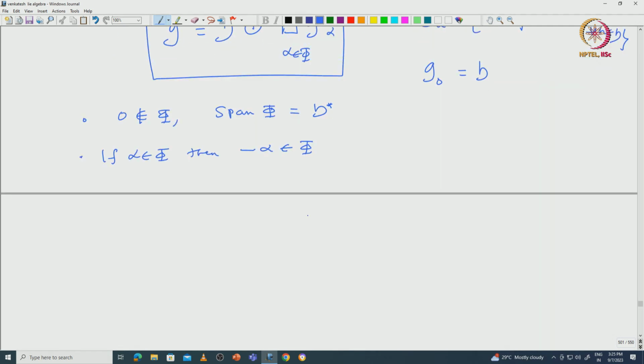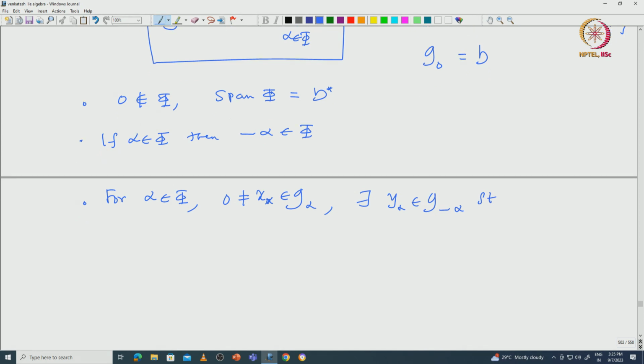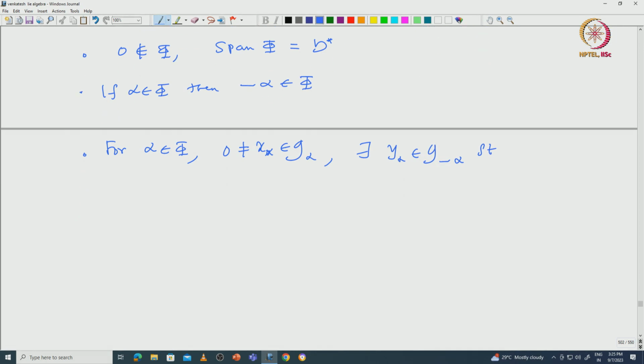Later we used this information in order to get this SL2 triple. For alpha in phi, given any non-zero element x alpha inside G alpha, we constructed y alpha inside G minus alpha such that the subalgebra generated by x alpha and y alpha becomes isomorphic to SL2C.